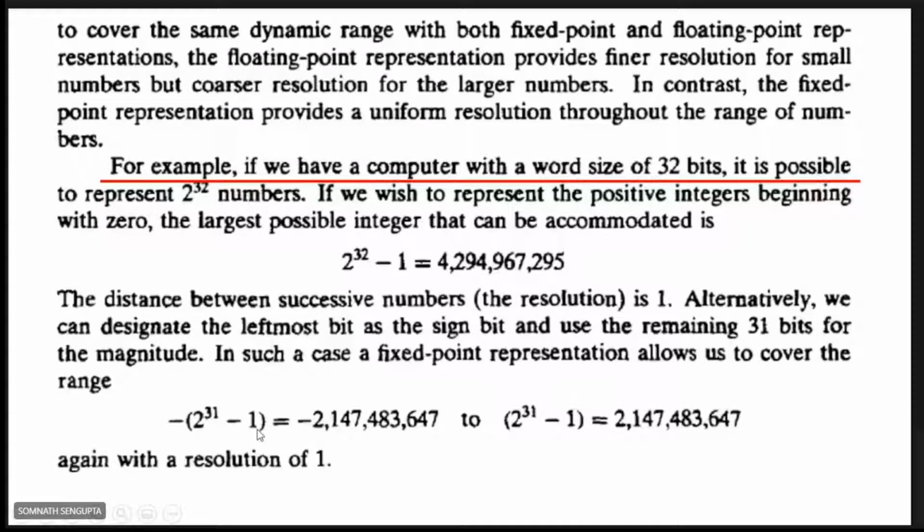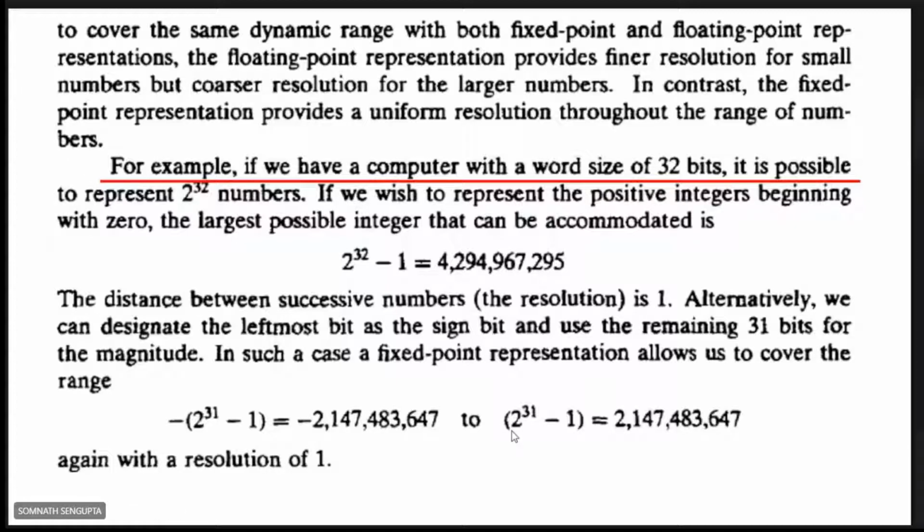So from the lowest negative number to the highest positive number, if you consider signed bit representation or fixed point, these are the smallest and largest numbers, again with a resolution of 1.